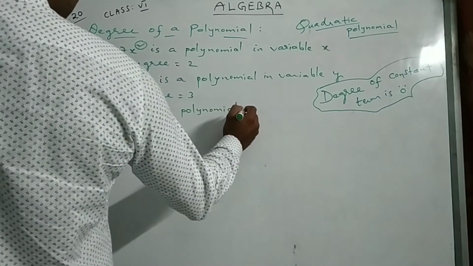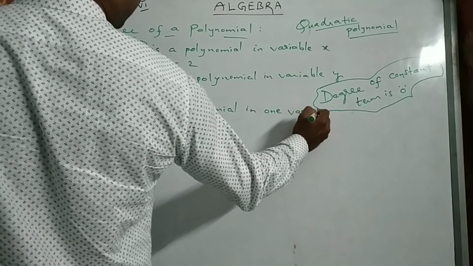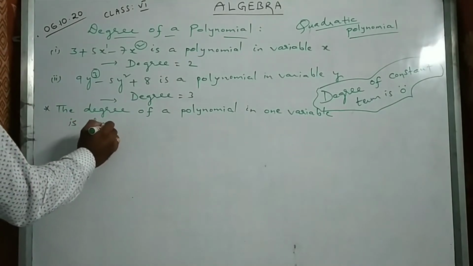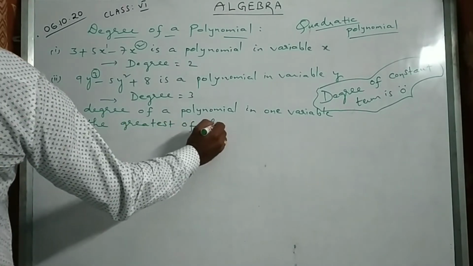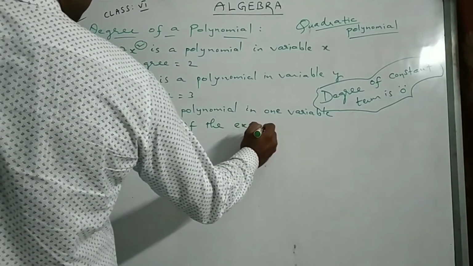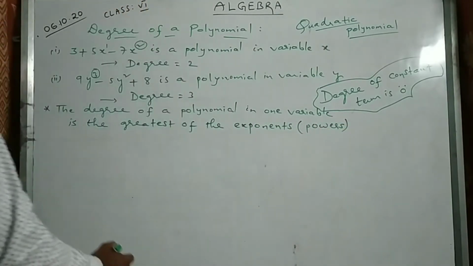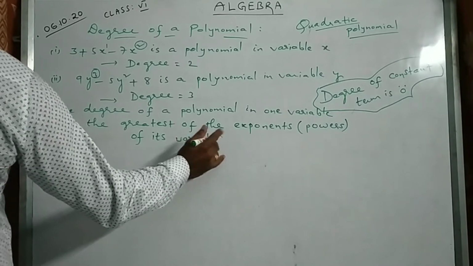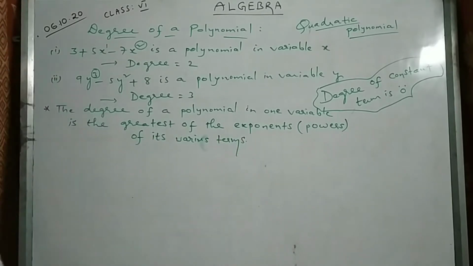In one variable, degree of a polynomial in one variable is the greatest of the exponents, also called as powers, of its various terms.